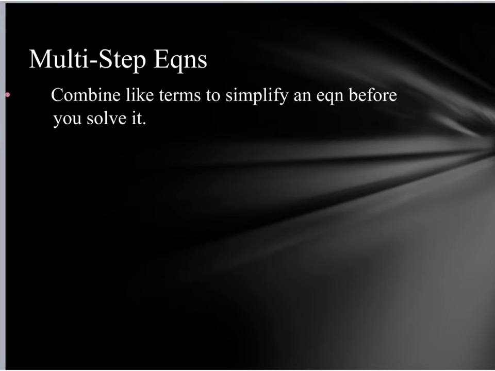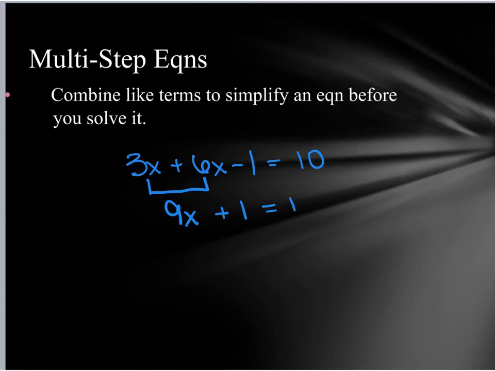So combining like terms might be something as simple as having 3x plus 6x minus 1 equals 10. What I mean by combining like terms is you have to collect the like terms first. So here I would go 3x plus 6x, or 9x, minus 1 equals 10.